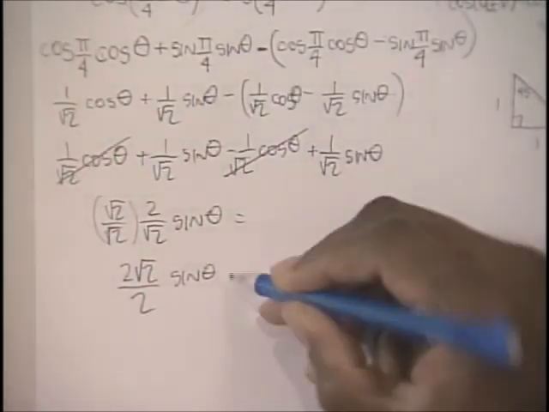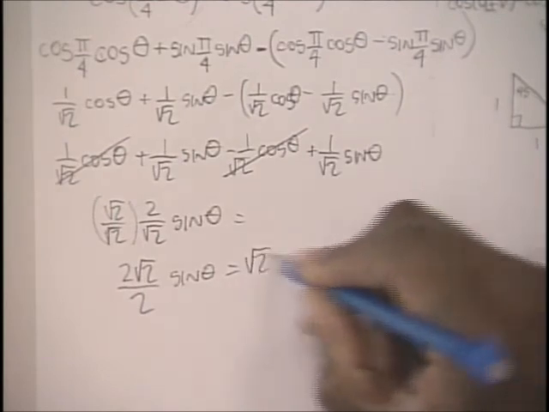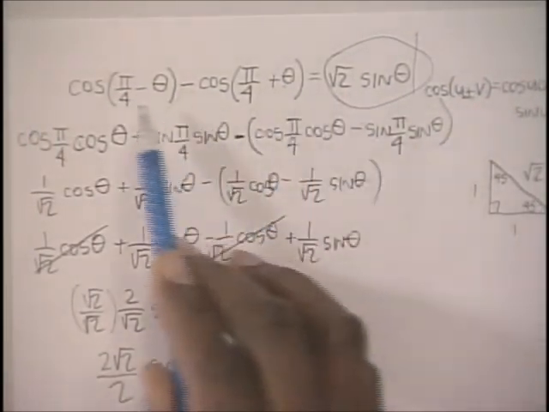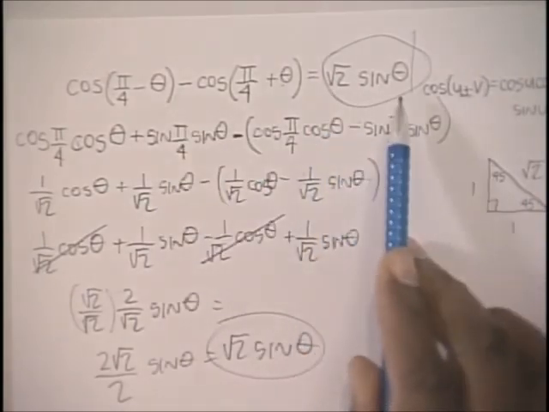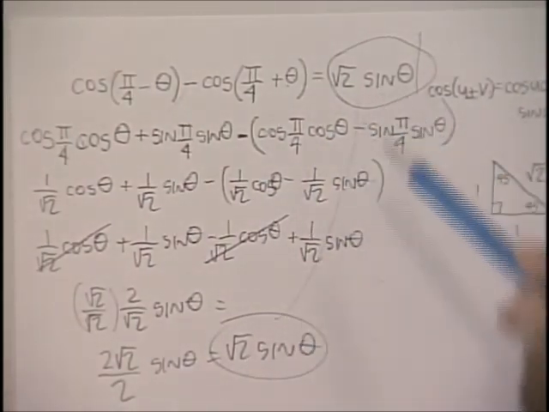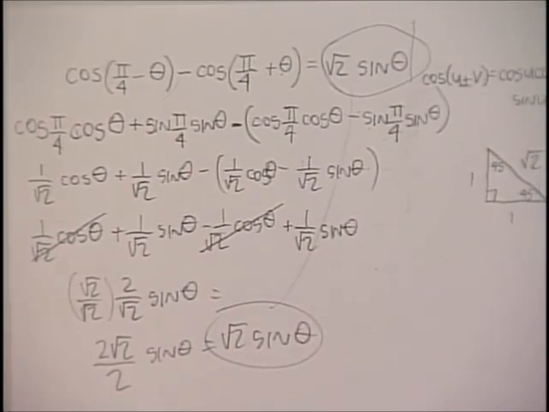This simplifies to radical 2 sine theta, which is what the original problem said all of this should be equal to. That's the proof that this is correct.